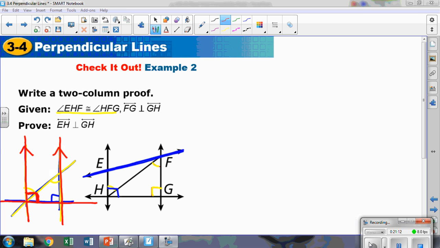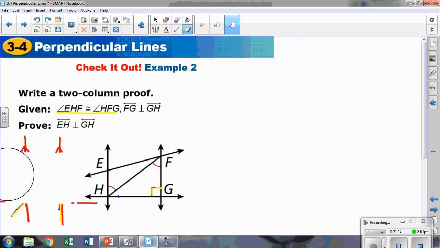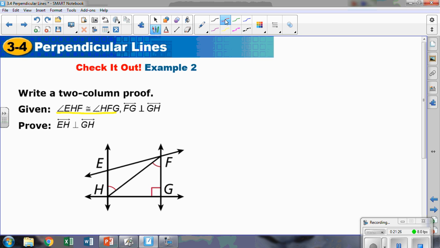So here's what we're working through. This whole thing is designed for us to say the underlined part in yellow is going to cause lines to be parallel. And then after you get parallel, having a perpendicular transversal is going to make it perpendicular to the other line too. So we need to write up those details now.